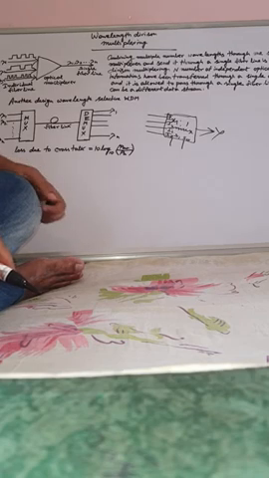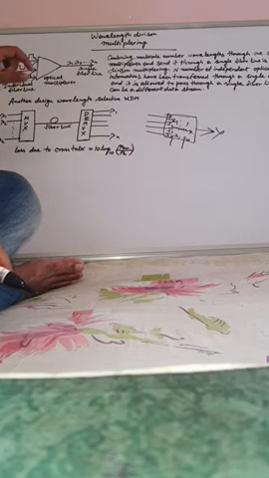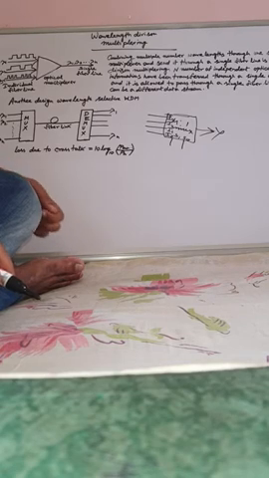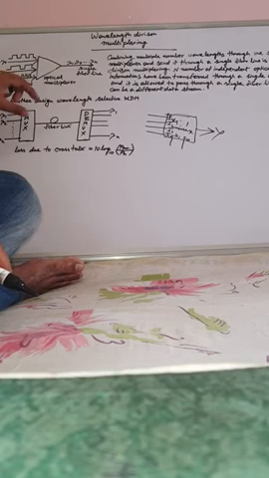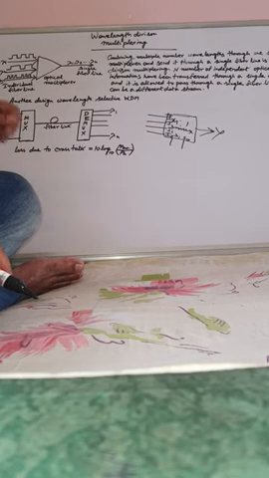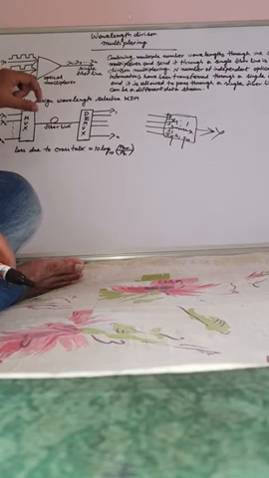Demultiplexer, what will it do? It will separate each wavelength from the combined data streams which we have sent through the single common fiber link.